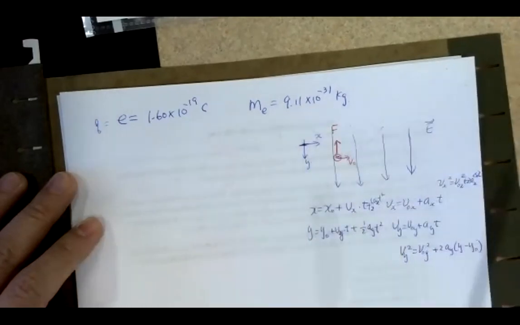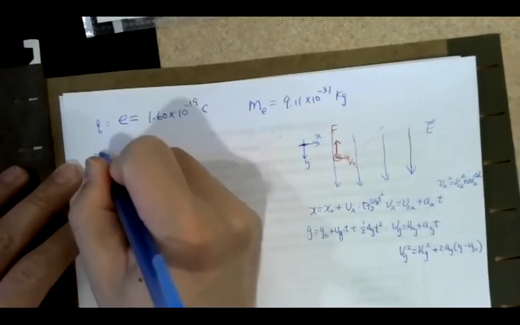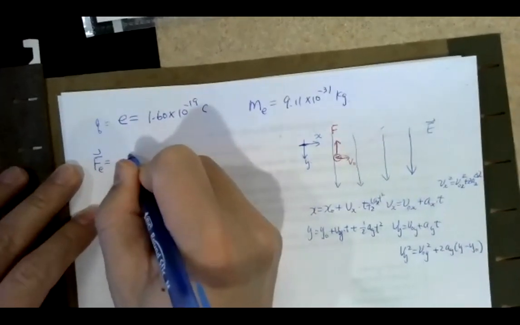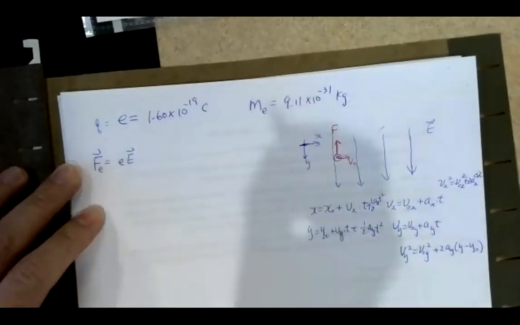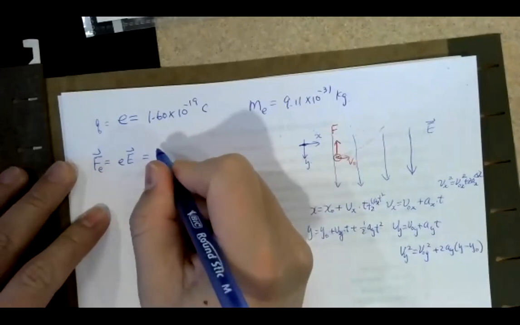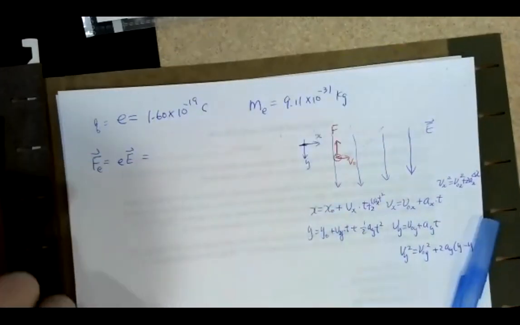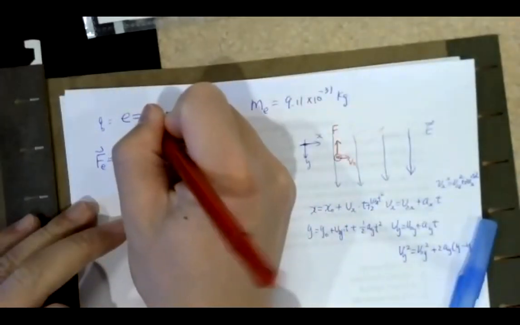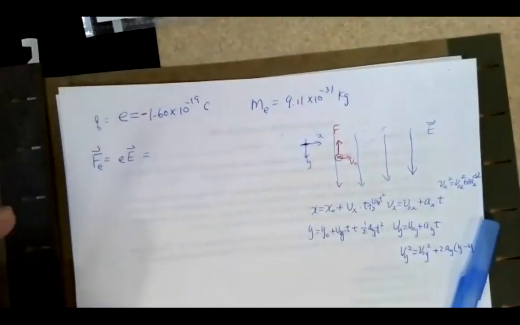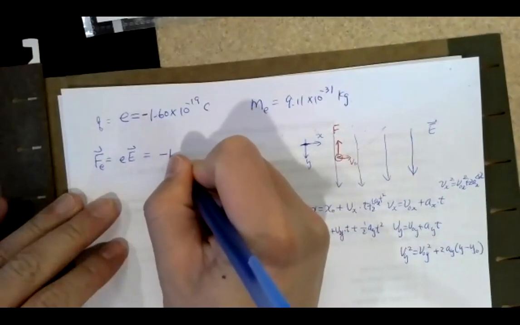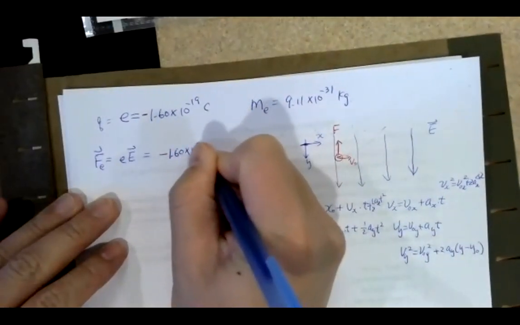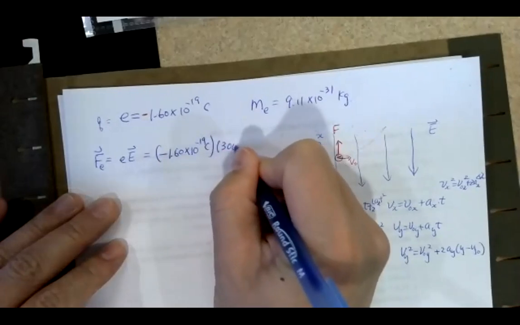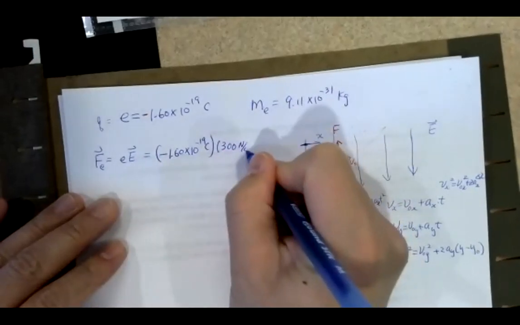The force on the electron should be equal to qE, the charge times the electric field. I forgot to put a minus sign, but for the electron it's negative: negative 1.6 times 10 to the negative 19 C times the electric field of 300 newtons per Coulomb.